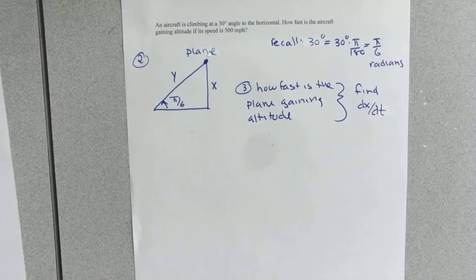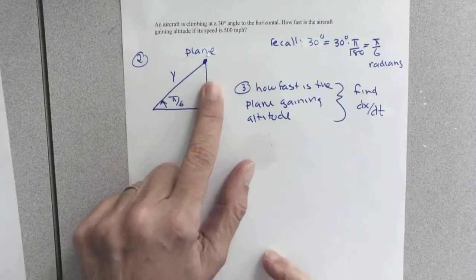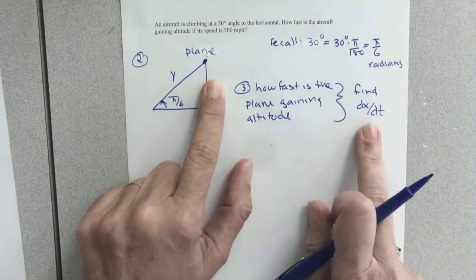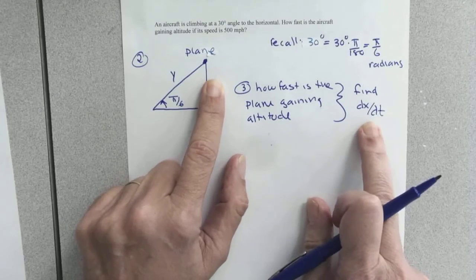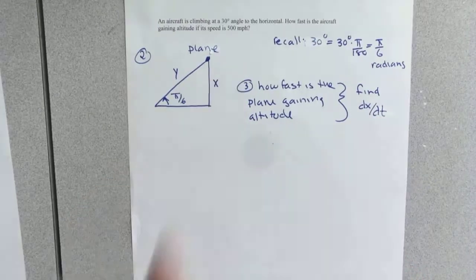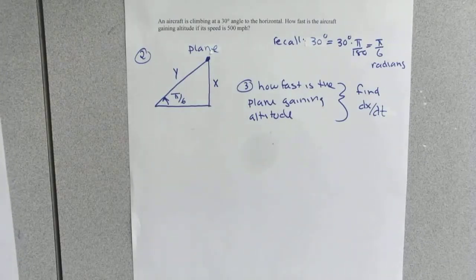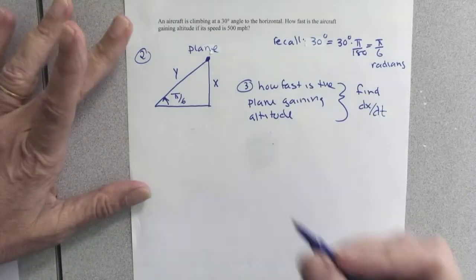How fast is that altitude changing? Find dx/dt. Again, if you didn't put an x there, writing down dx/dt is meaningless. You didn't tell me what x is. And I will look to see that you told me what those variables mean. If you don't tell me what those variables mean, you lose points because you've given useless information.